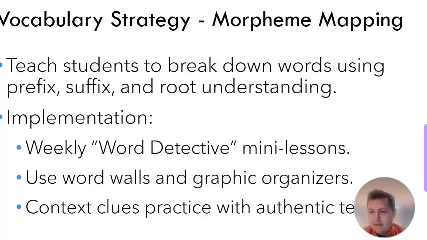For example, if they see unbelievable, they'll know un, the prefix, means not, and the suffix able would be capable of. The challenge is we could have a little bit of fun with this, the weekly word detective, where we can find all those little morphemes in each word. And the games just kind of bring some more engagement into this.